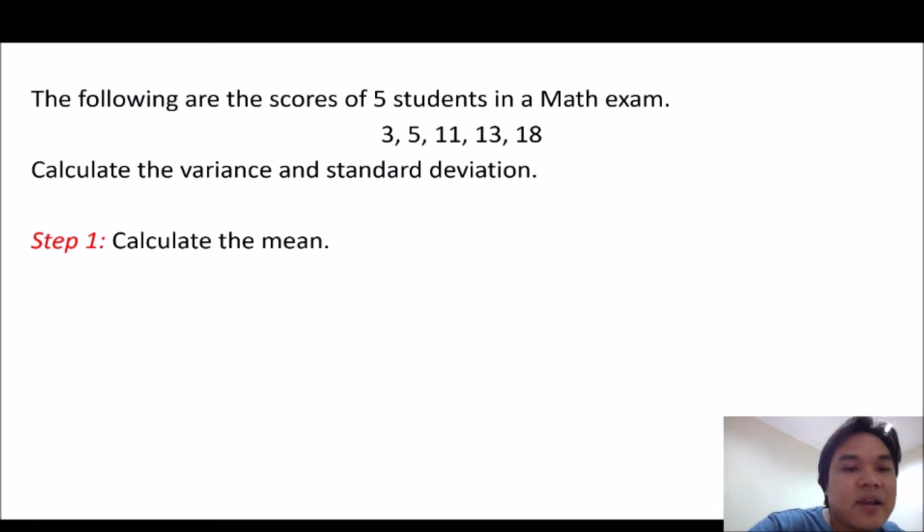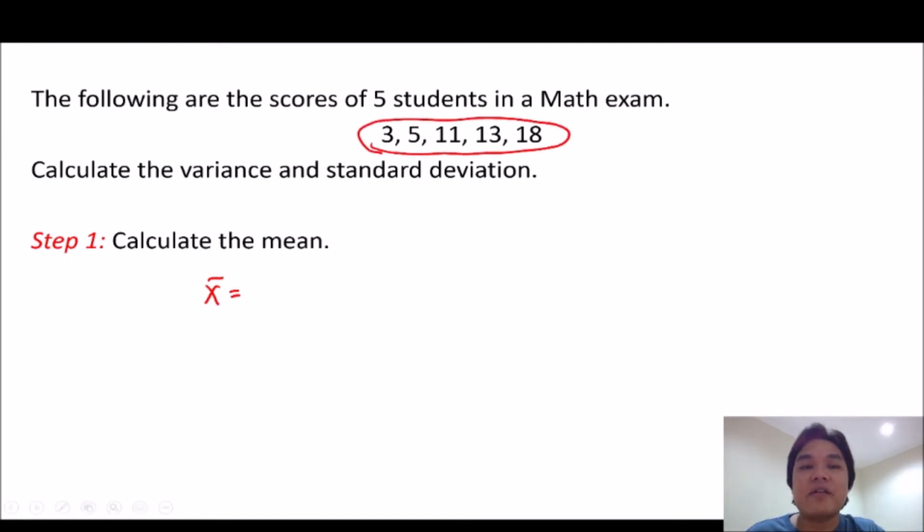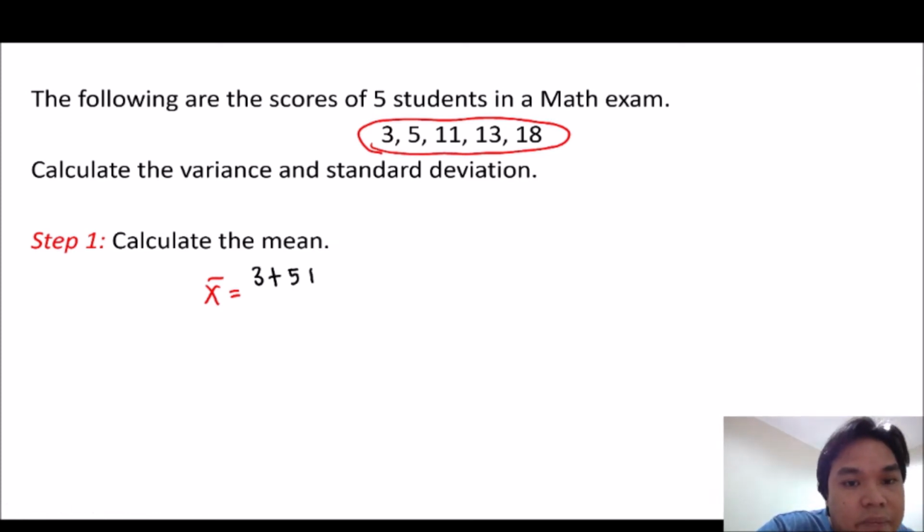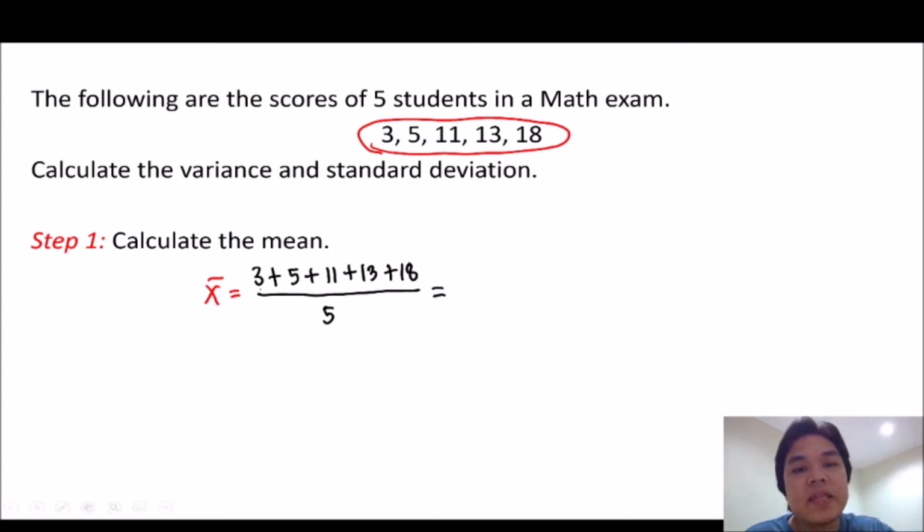To calculate the mean, x bar, we add all the scores and divide by 5, since we have 5 scores. So 3 plus 5 plus 11 plus 13 plus 18, divided by 5. 3 plus 5 is 8, plus 11 is 19, plus 13 is 32, plus 18 is 50. So 50 over 5 is 10.